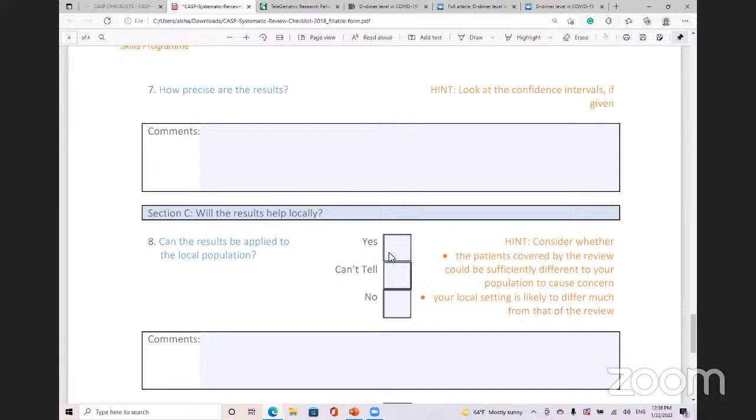Also, as Dr. Tahani mentioned, the similarity of the population across the studies.